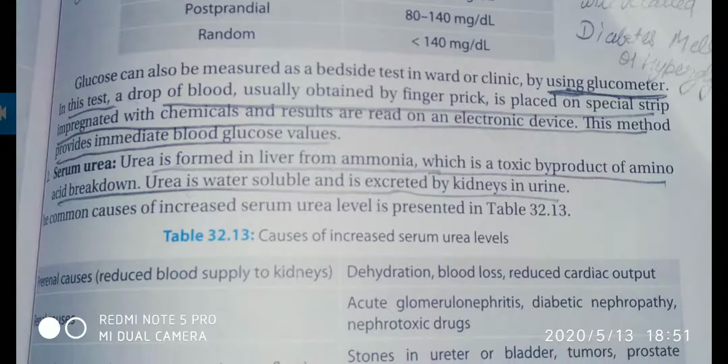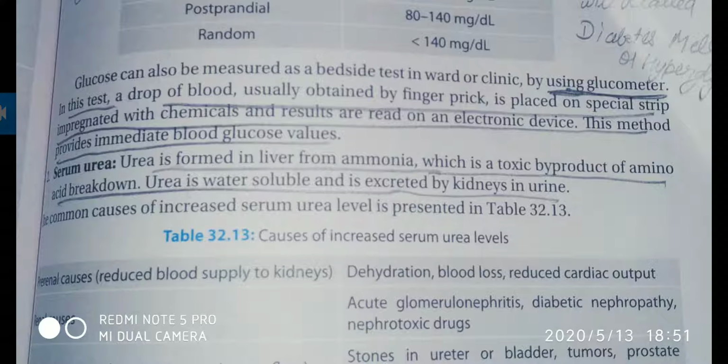If the random value is more than 160, the patient is called diabetes mellitus or hyperglycemia.